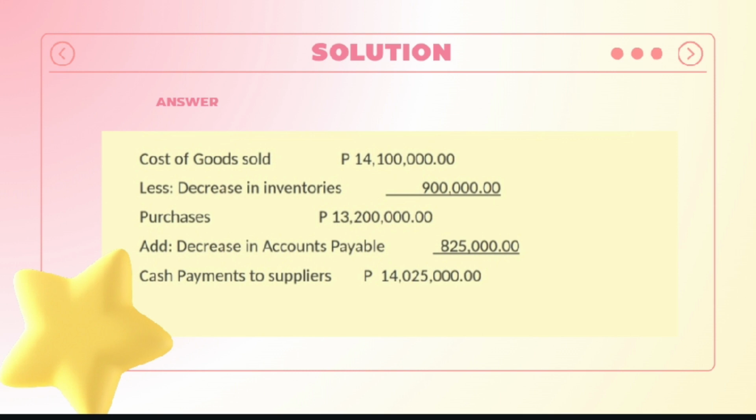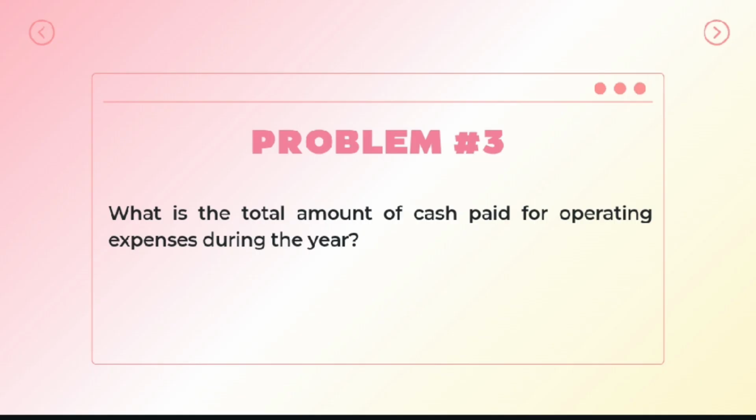So 13,200,000 plus 825,000, that is the decrease in accounts payable, equals 14,025,000. Therefore, the total amount of cash paid to suppliers during the year is 14,025,000. Problem number 3. What is the total amount of cash paid for operating expenses during the year?